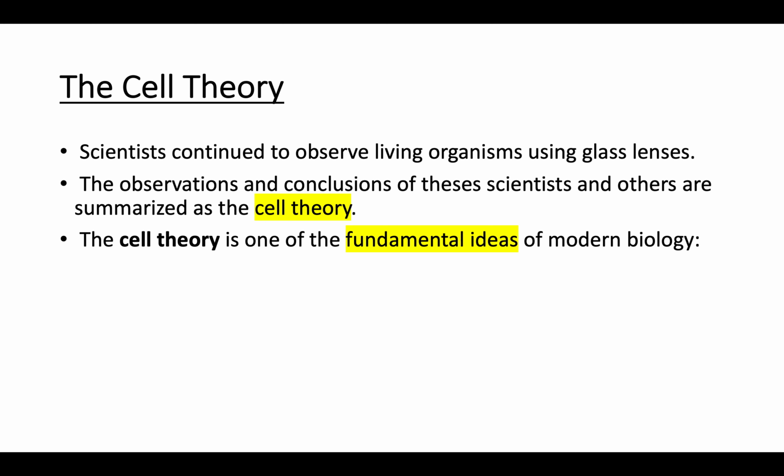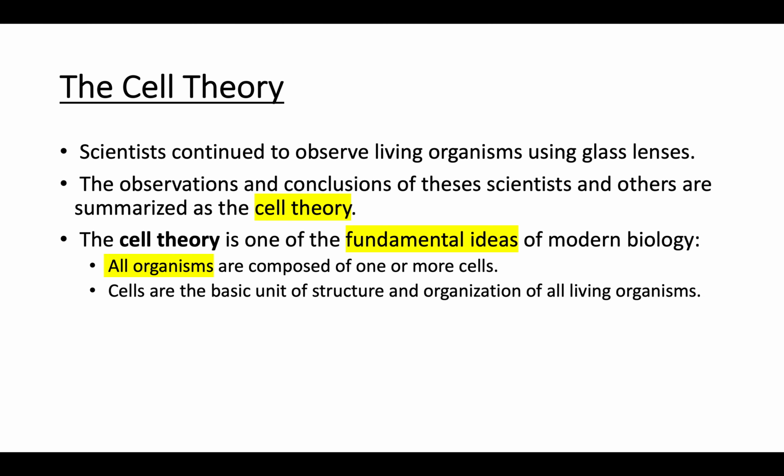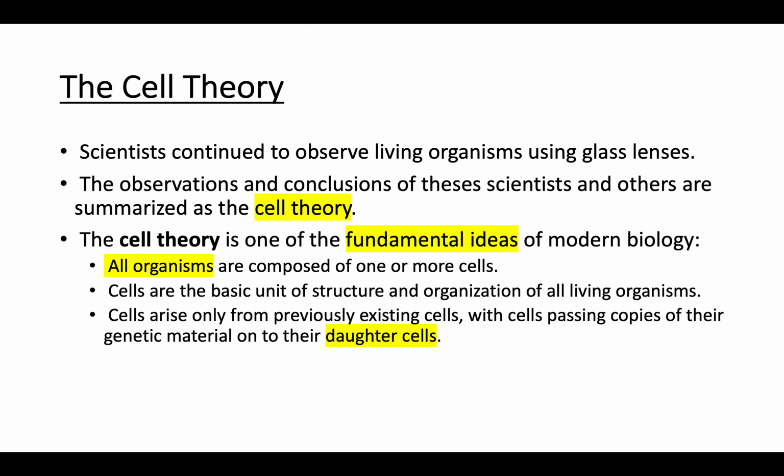The cell theory is one of the fundamental ideas of modern biology, stating that all organisms are composed of one or more cells, that cells are the basic unit of structure and organization of all living organisms, and cells arise only from previously existing cells, with cells passing copies of their genetic material onto their daughter cells. These are the three components of the cell theory.